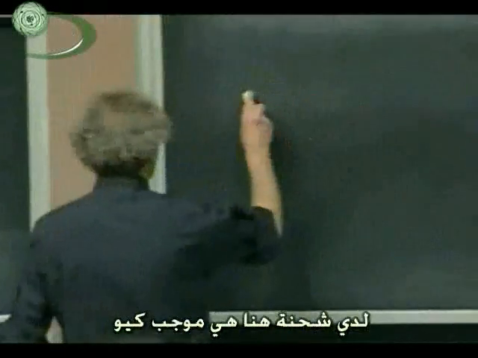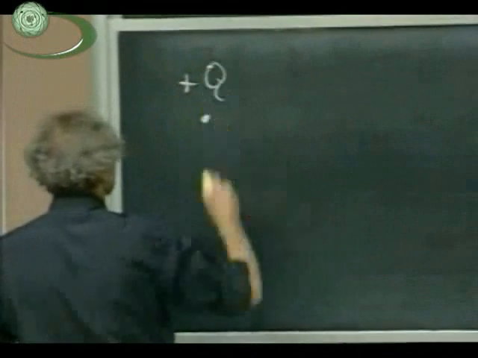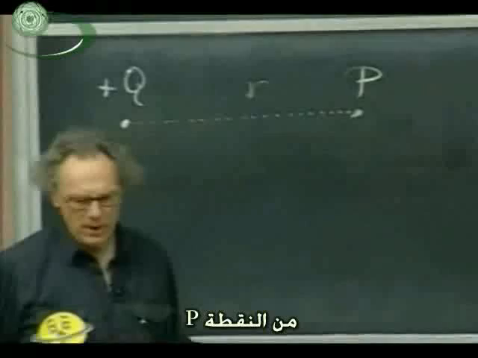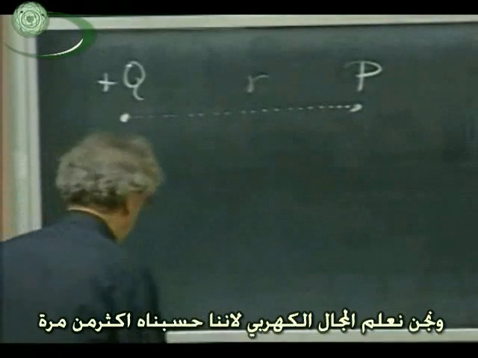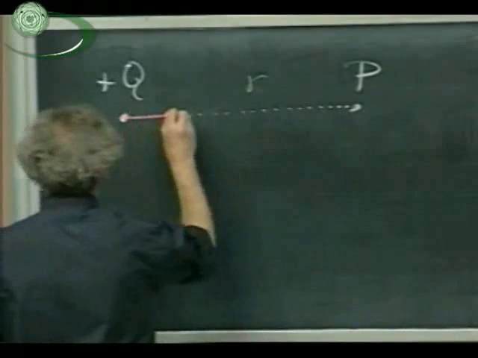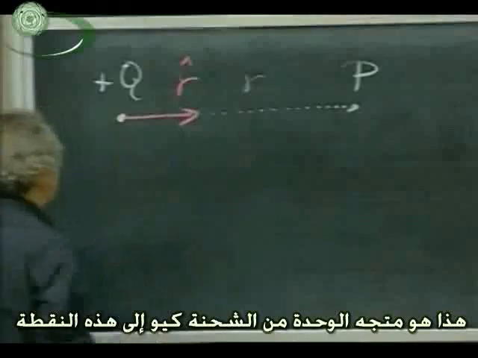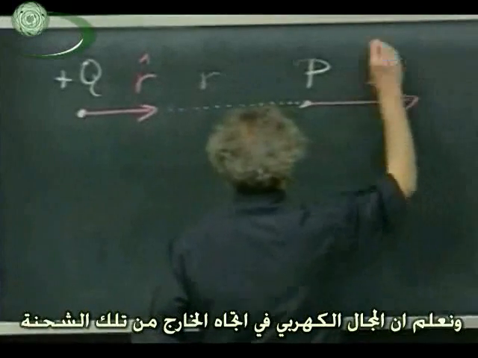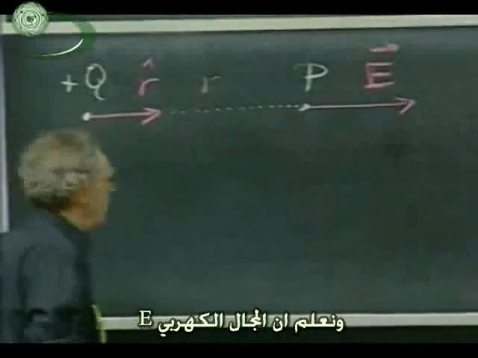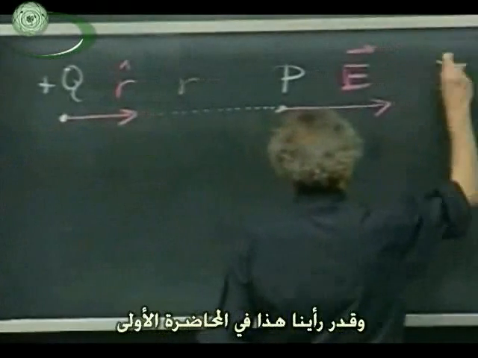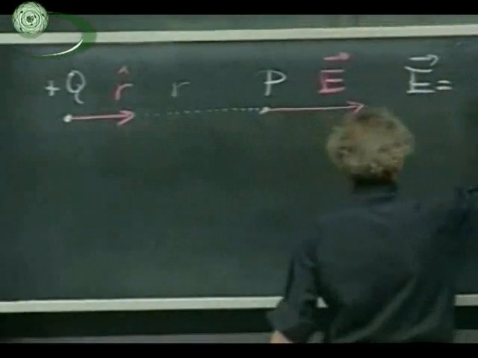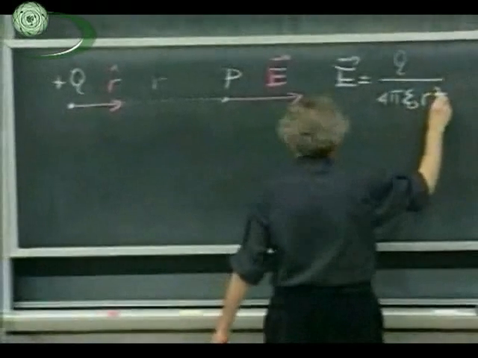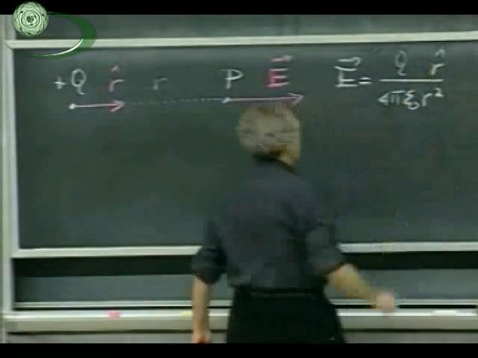I have here a charge plus Q, and at a distance R, at that location P, we know what the electric field is. We've done that a zillion times. This is the unit vector in the direction from Q to that point, and we know that the electric field is pointing away from that charge, and we know that the electric field E, we've seen that already the first lecture, is Q divided by 4 pi epsilon 0 R squared in the direction of r roof.